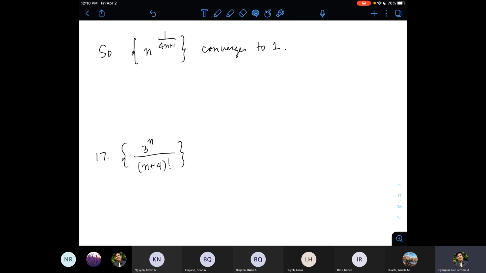So before I go there, let me see. This one is similar to what Kevin is pointing out. What if I have 1 raised to the power n, if this is my sequence?